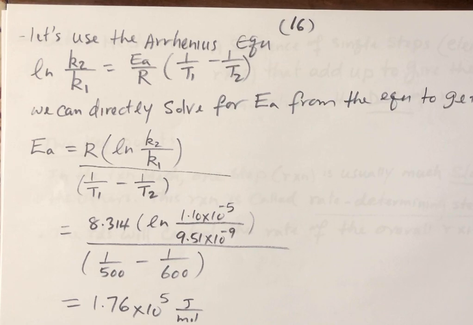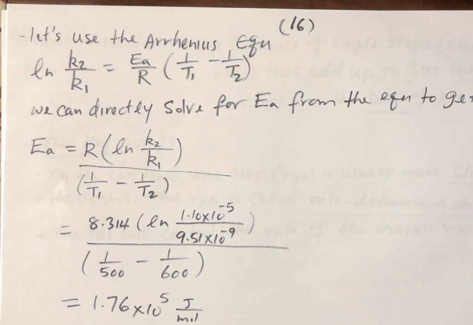You can either just plug in the numbers from the problem and solve for EA, or simply rearrange the equation the way I have done here to solve for EA first and then plug in the numbers. It's totally up to you, but I think this would be a more straightforward and easier method of carrying out the calculation.